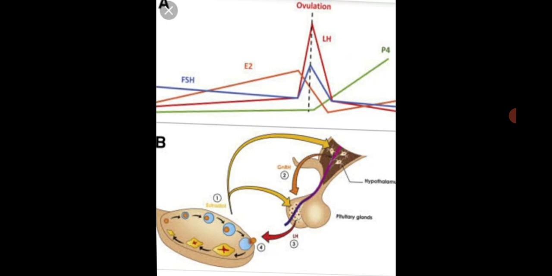This factor stimulates the anterior pituitary cells, particularly the luteotrophs, to release the luteinizing hormone. The luteinizing hormone stimulates the release of the secondary oocyte from the Graafian follicle. So the main hormone is the luteinizing hormone and the factor from the hypothalamus is known as LHRH.